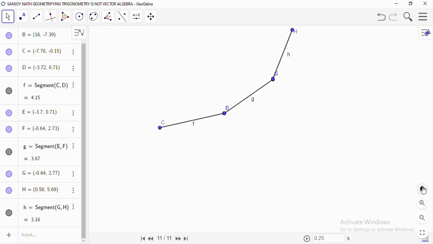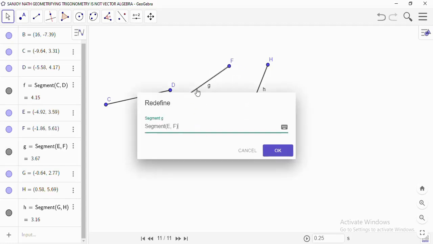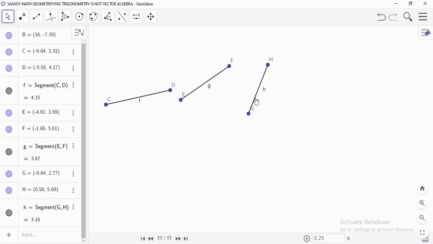This will give us the cumulative addition. If we want to do the non-cumulative addition, how can we do that? Suppose this is the first line, this is the second line, and this is the third line.